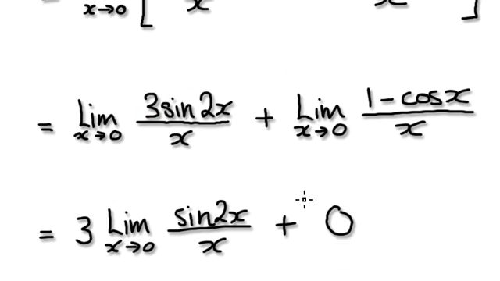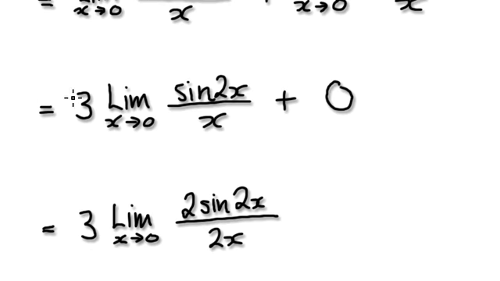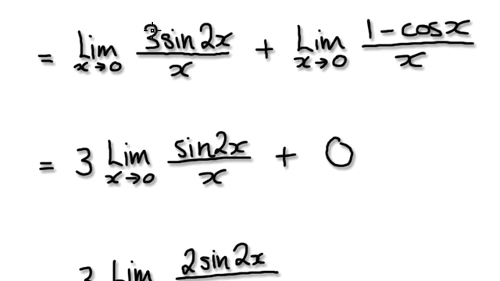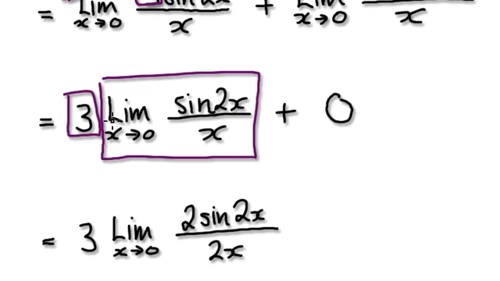So our next step: remember we've taken the 3 out. The 3 is here, and we are just going to concentrate on finding the limit of this. The aim is to get this to be the same as this here. So multiply top and bottom by 2.